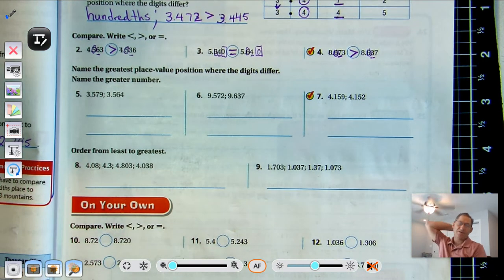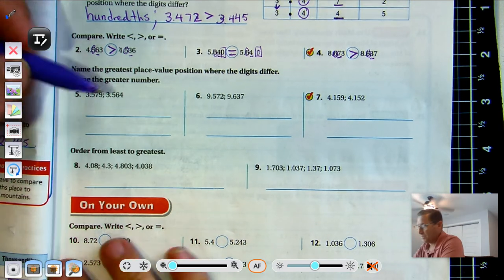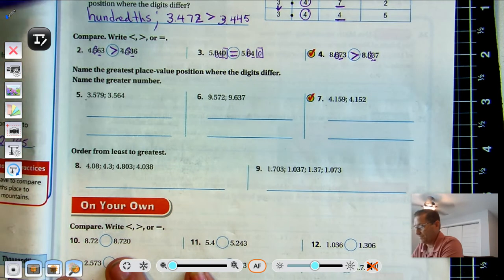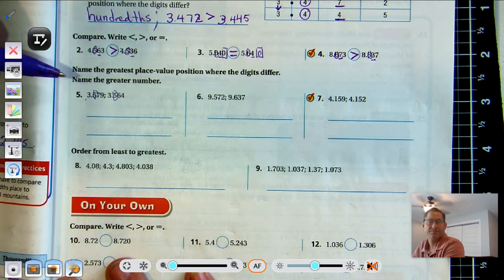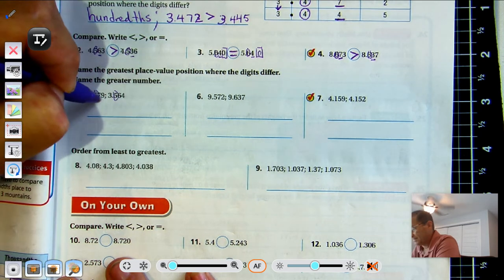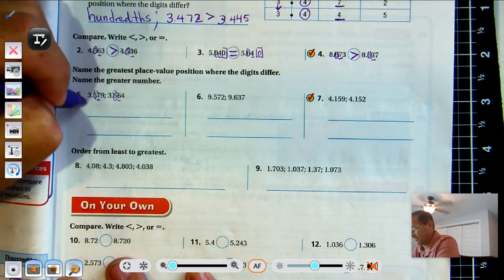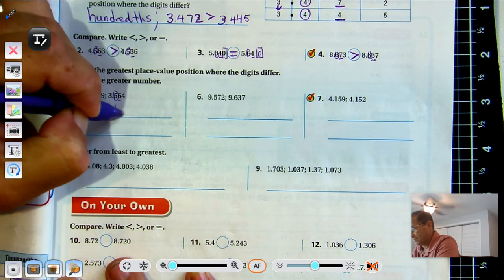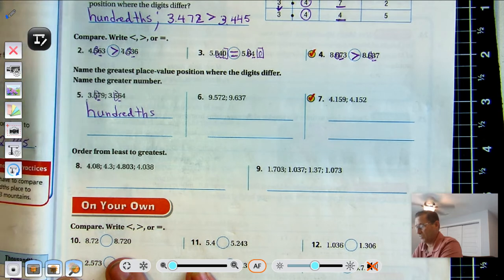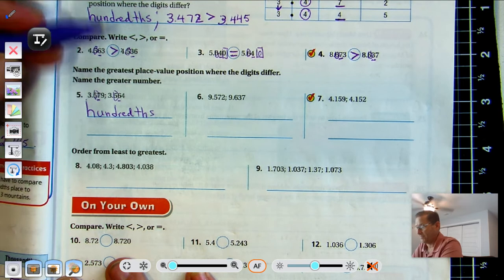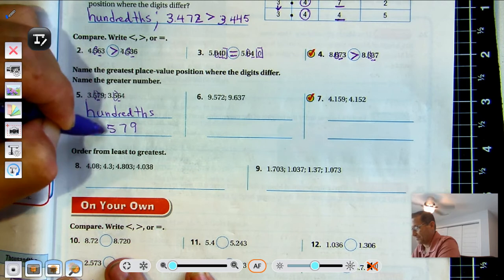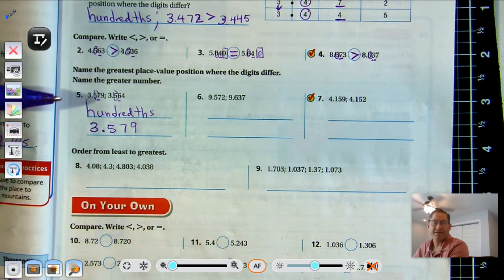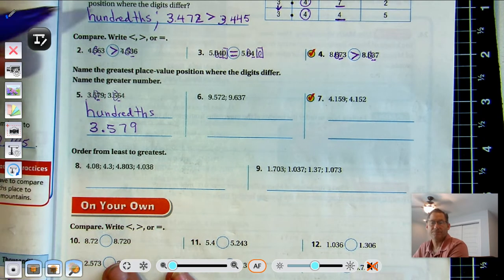Okay, name the greatest place value position where the digits differ. Name the greater number. So we have 3 ones, 3 ones. 5 tenths, 5 tenths. 7 hundredths, 6 hundredths. Which one's greater? The 7 hundredths number. So 3.579, which we read as 3 and 579 thousandths.